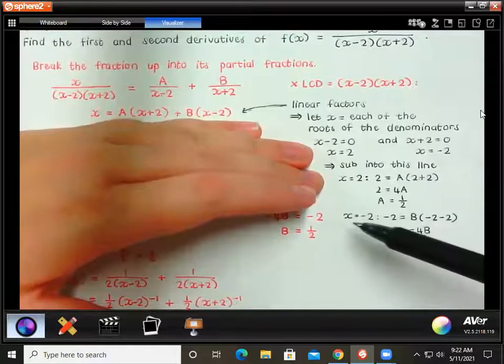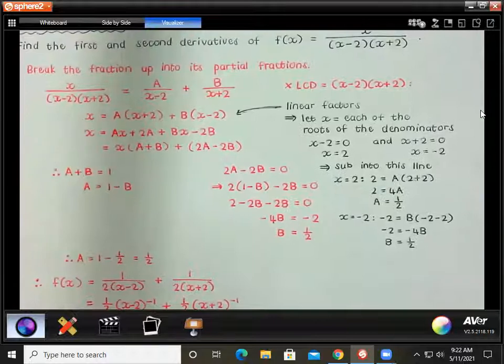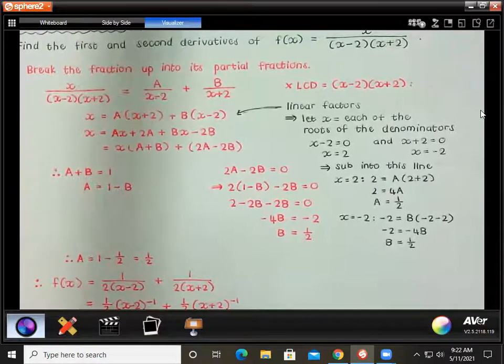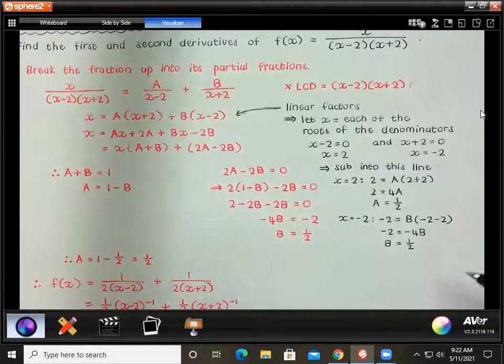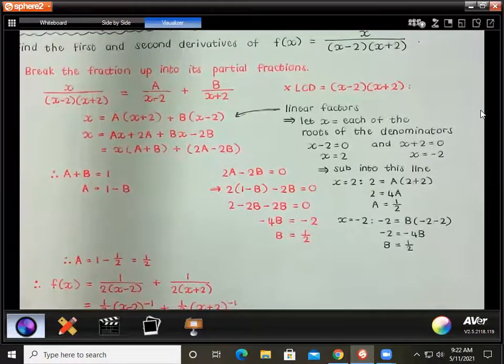Then you're going to say x equals -2, you're going to show your substitution and show your answer. So it will be a bit less writing. So it is up to you guys which method you want to use. Some of you might prefer to just know one method and use that method always. That's also fine.